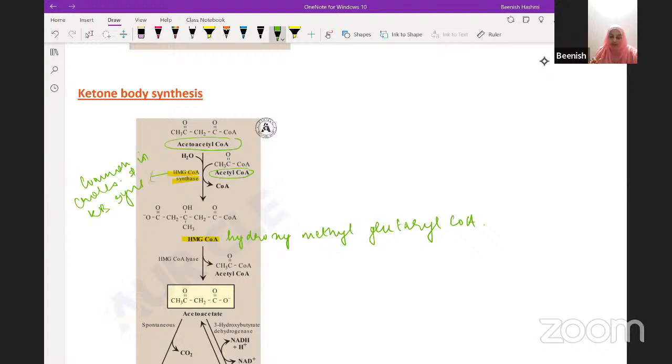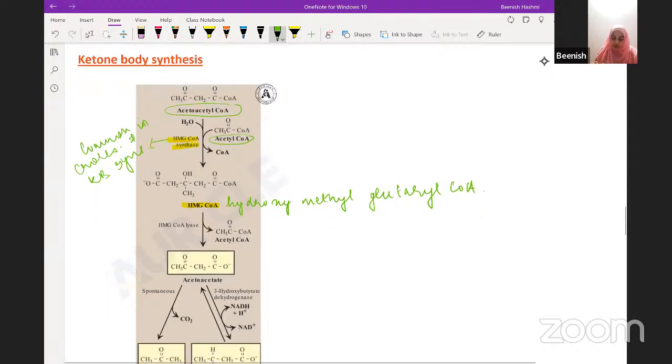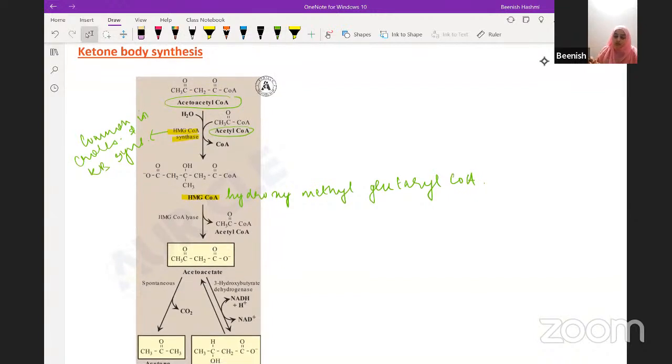Okay. Now what happens, this HMG-CoA, via the action of HMG-CoA lyase, undergoes lysis and acetyl-CoA is split off, and what is formed? Acetoacetate is formed.